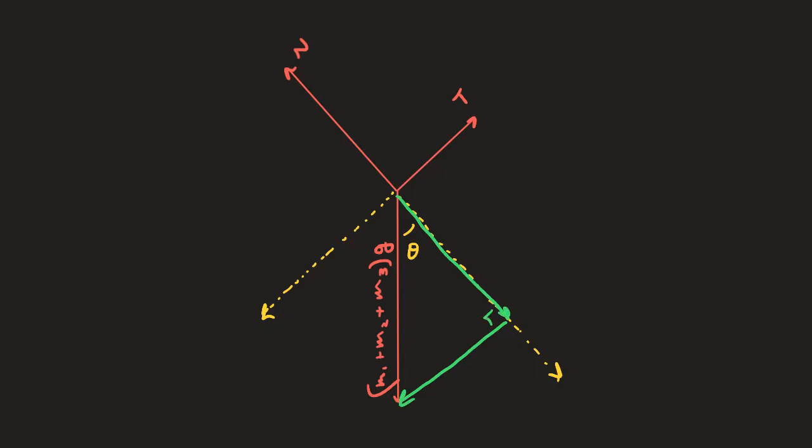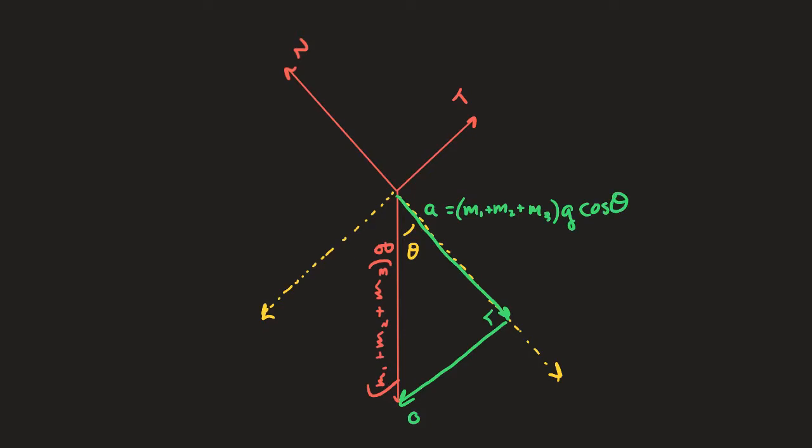That is a right triangle aligned with my coordinate system. Now, this is the adjacent side. This is the opposite side. Opposite goes with sine. Adjacent goes with cosine. So this side has to be m1 plus m2 plus m3 all times g times the cosine of theta.